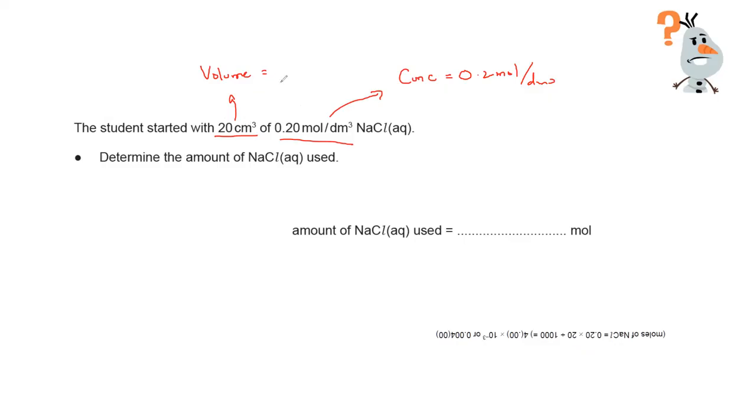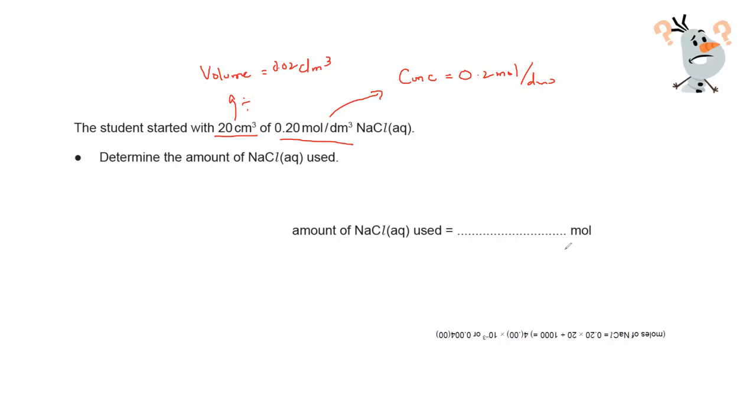If I want to convert the volume into decimeter cube, what should I do? Divide by 1000 or multiply by 1000? Centimeter cube to decimeter cube, I'll divide by 1000. So 20 divided by 1000 equals 0.02.